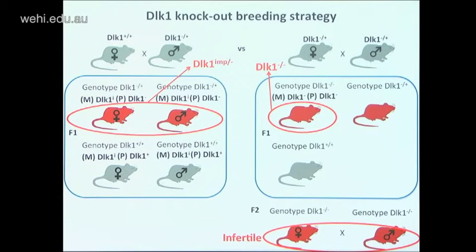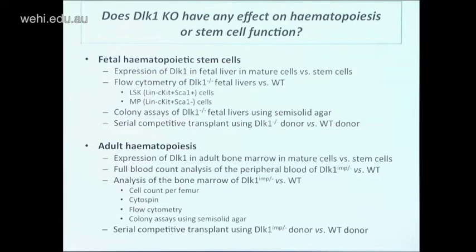So using these mice to look at adult bone marrow and using these homozygous knockouts for fetal livers, I wanted to ask the question: does knocking out Dlk1 have any effect at all in haematopoiesis or in stem cell function? For both fetal and adult haematopoiesis, I've used quite similar experimental approaches.